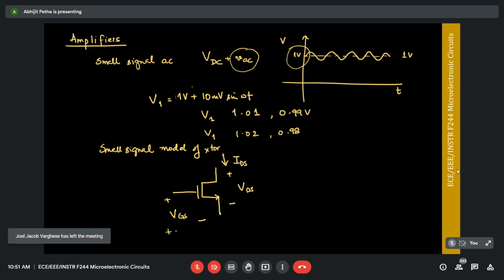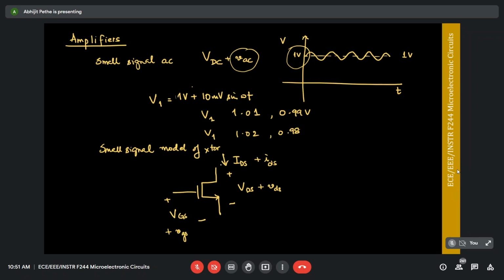Now suppose I apply a small signal on the gate voltage. In addition to this DC voltage, I'm interested to know how the small signal affects the current flowing through the transistor, and how it affects the output voltage of the transistor, right?